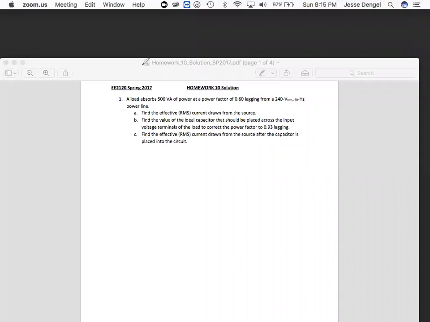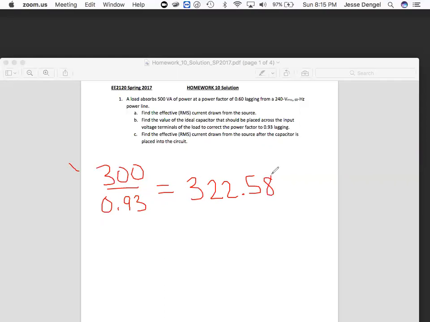So now we know 300 divided by 0.93 equals 322.58 volt amps.